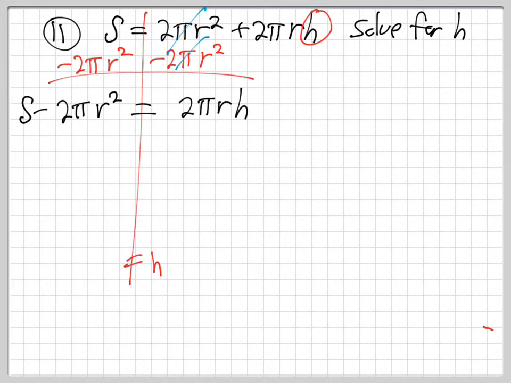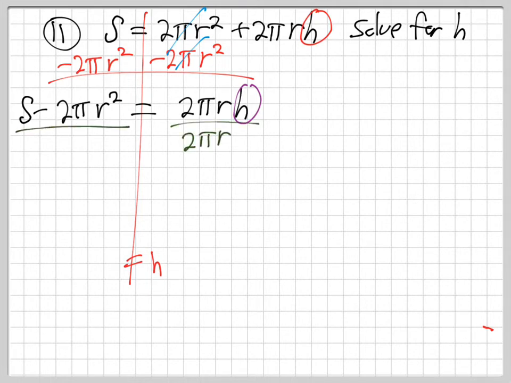Good so far for that first step. Yeah, right, so last step. H wants to be alone. Divide by that 2 pi r, exactly, because that's all just multiplied. So divide by 2 pi r.